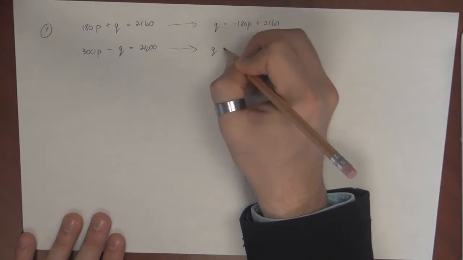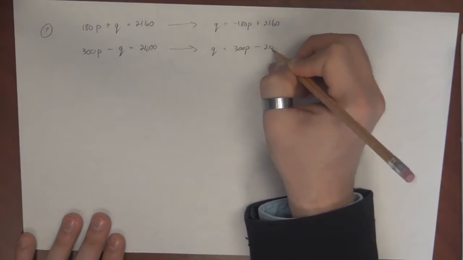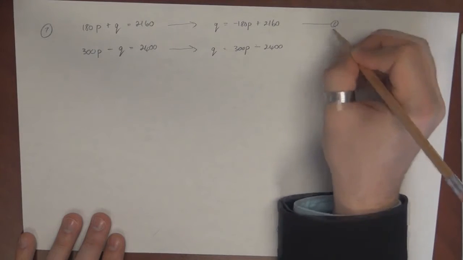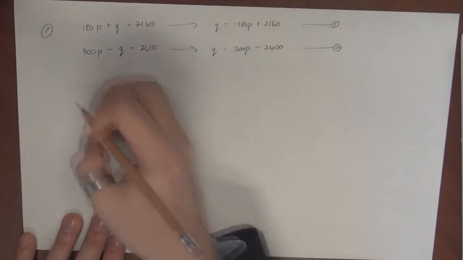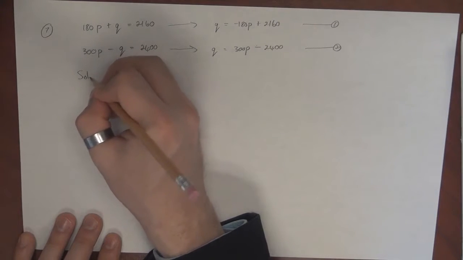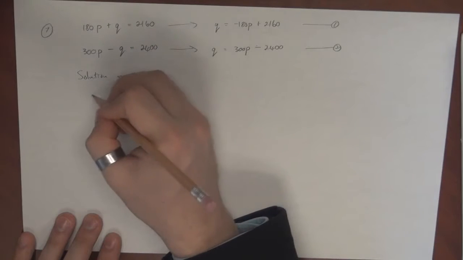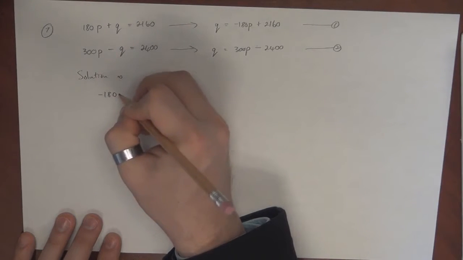And in the second one, Q is 300p minus 2400. Let's call that number 1 and number 2. So now the solution is when I set them equal to each other.